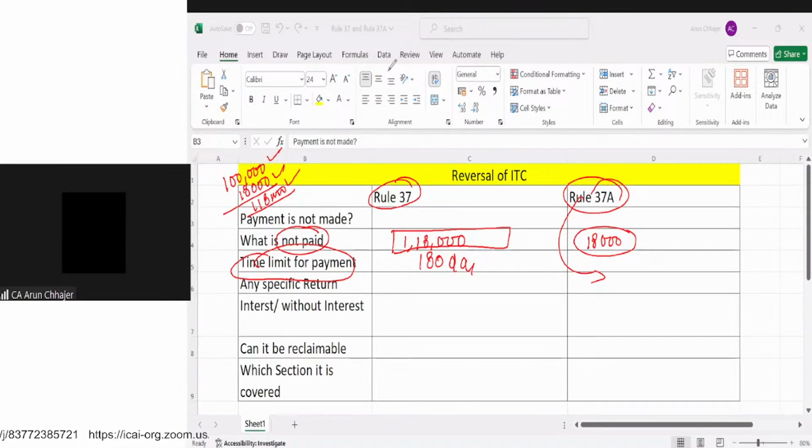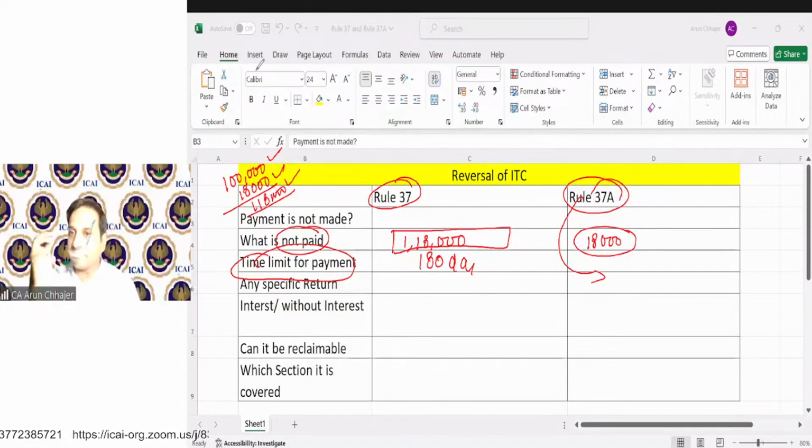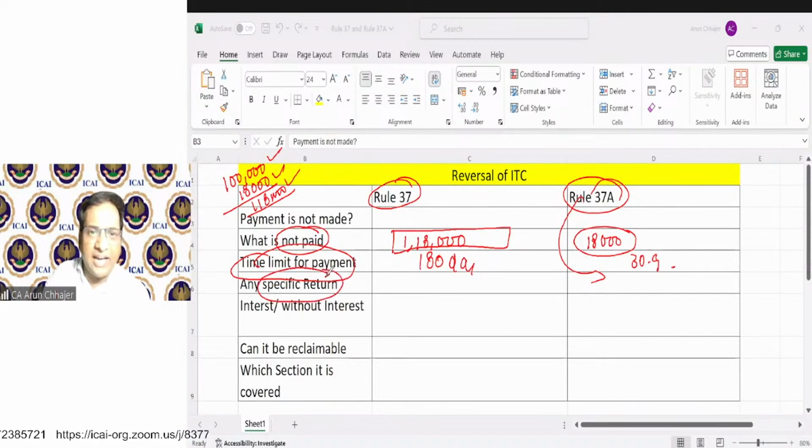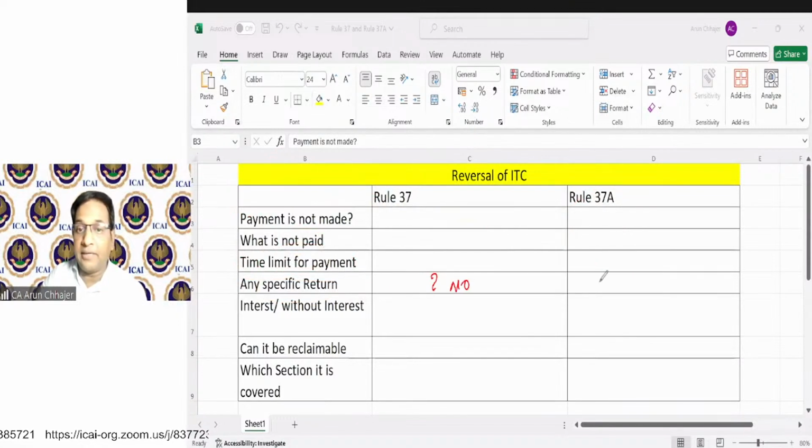They have given ample time, by 30th September after the end of the financial year. Any specific return they are talking about? Here they are talking about GSTR 3B.